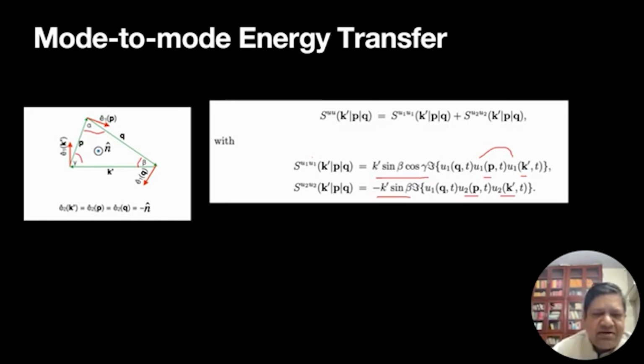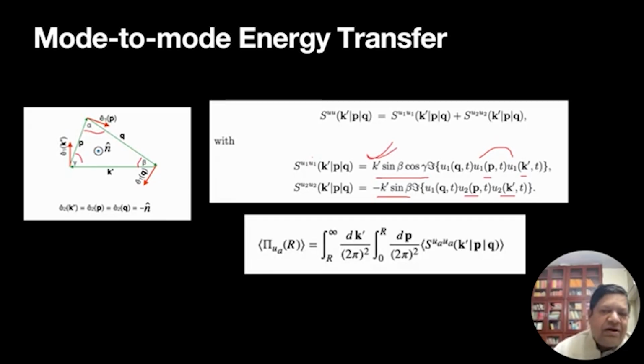Great. So let's try to estimate this using field theory. Once I can compute this using field theory, I can compute fluxes. Now, in this formalism, energy flux is energy going out of the sphere of radius r.